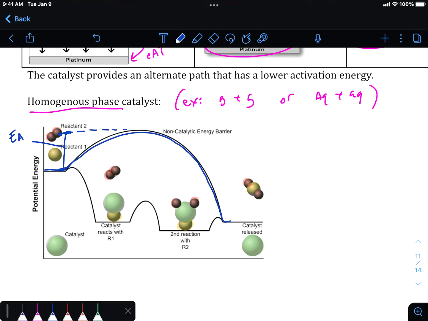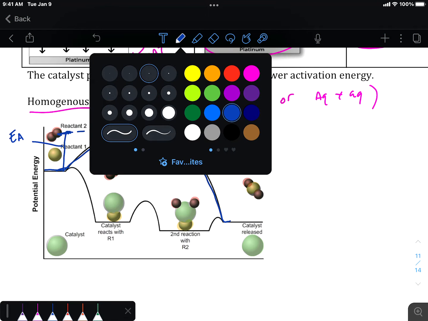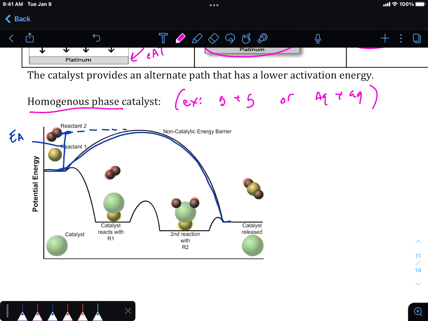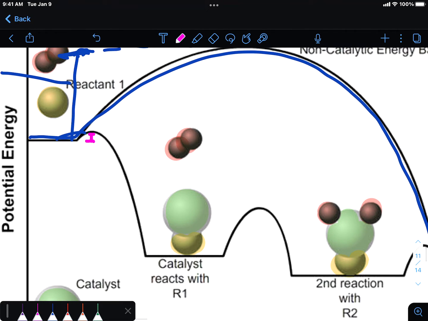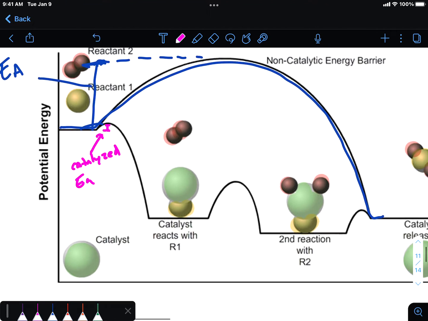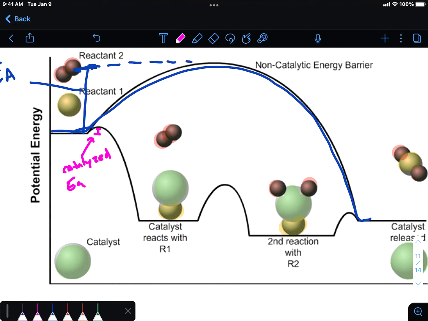All right, but notice that when a catalyst is involved, notice how small the activation energy is. That represents the catalyzed activation energy, significantly lower than the uncatalyzed.